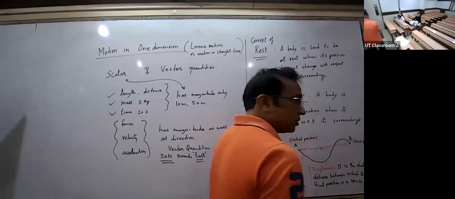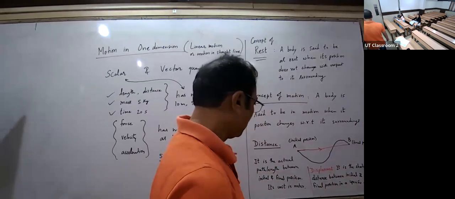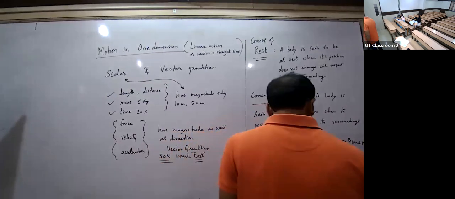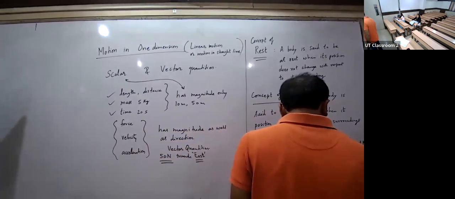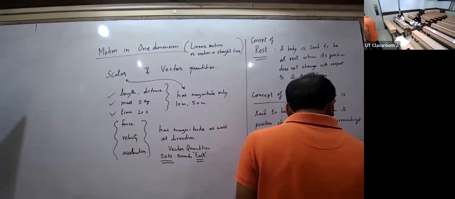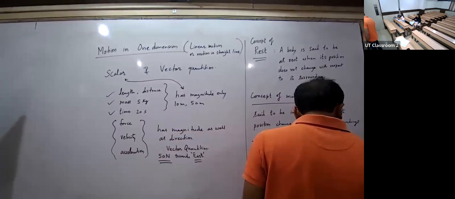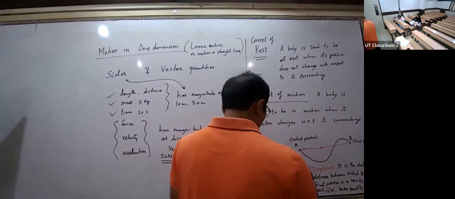There is a direction, so therefore displacement is a vector quantity. Even though its unit is meter, it is a vector quantity. Whereas distance is a scalar quantity.